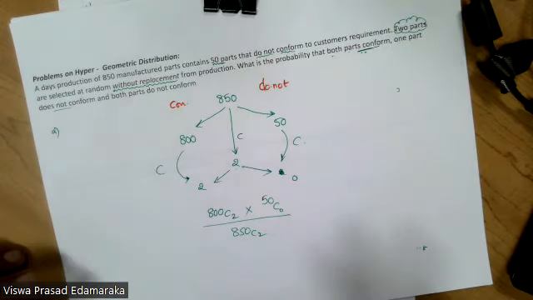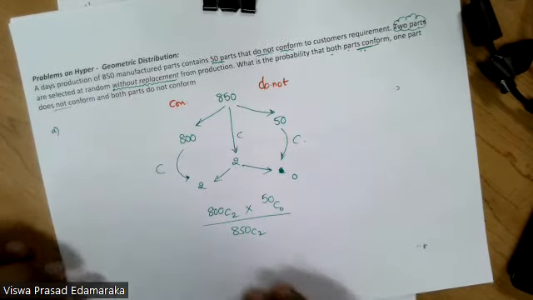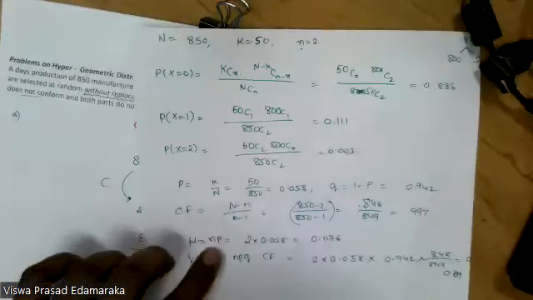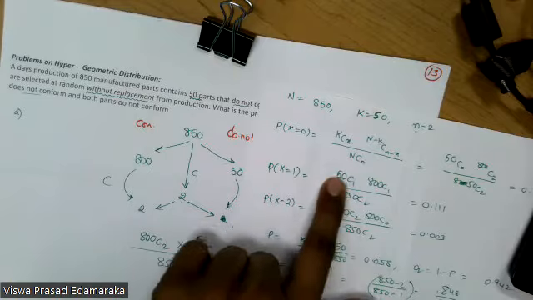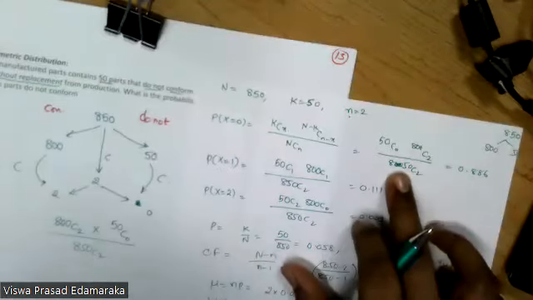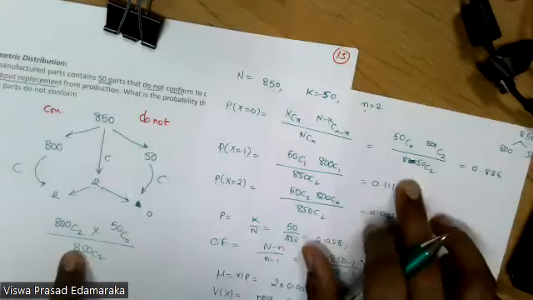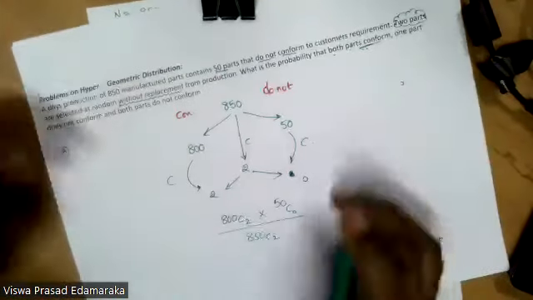That's it. Same we got here, 800 C2, 50 C0. Same using the formula. I'll teach you again.